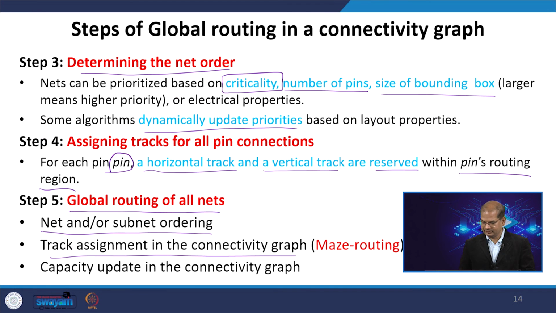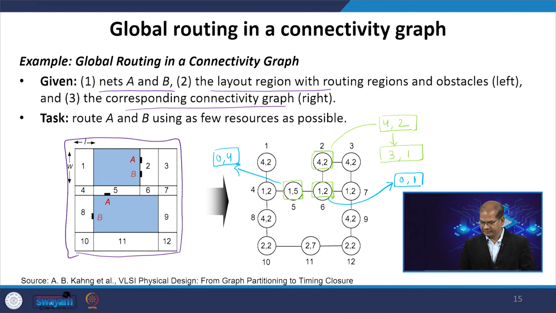Let us go and check. Correct. So, this is 2 comma 7. Similarly here it is 4 comma 2 before routing, and after routing, since the vertical metal is used, it will be 4 comma 1.